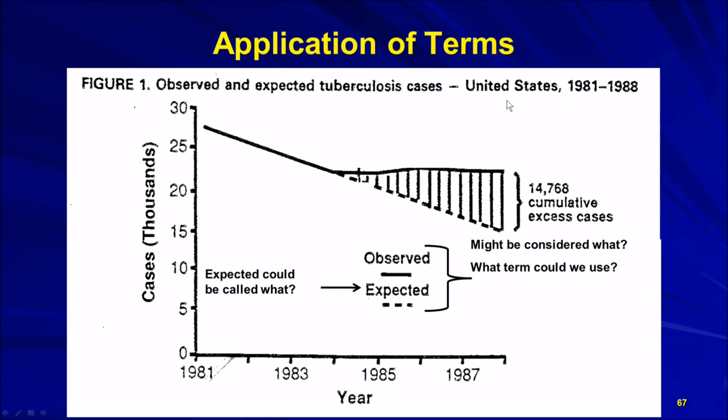Because we're talking about the United States. So don't be fooled by the number of cases, and remember that we're looking for the observed to be greater than the expected. And usually we think about things in just the opposite. The trends are just the opposite as they're shown here.